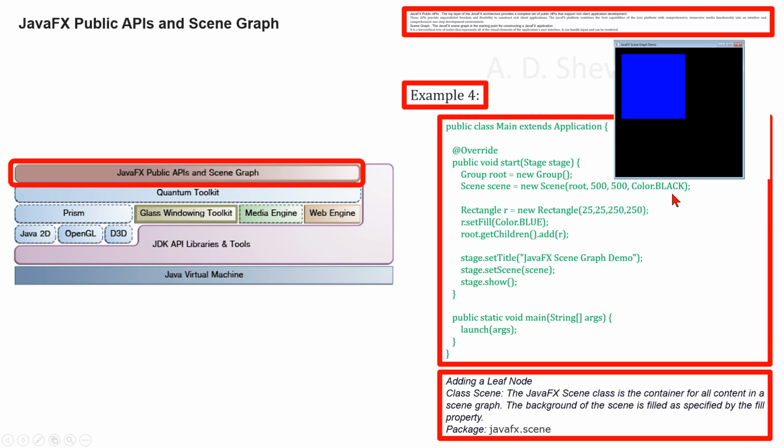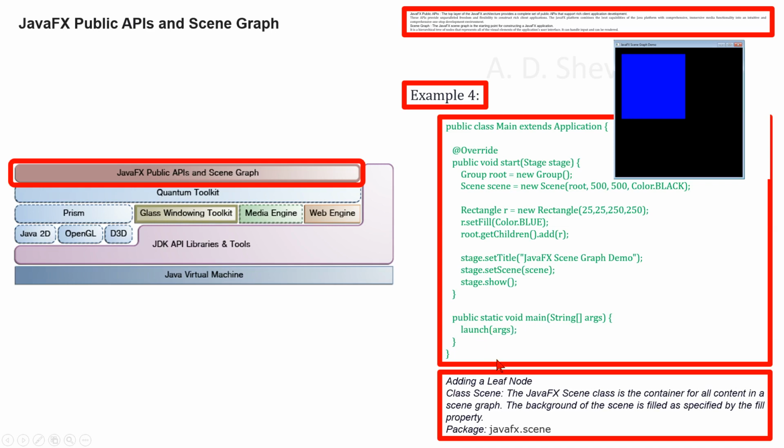The stage title, scene, and visibility are all set. The main method invokes the Application.launch method.